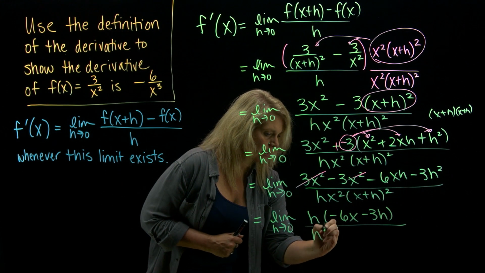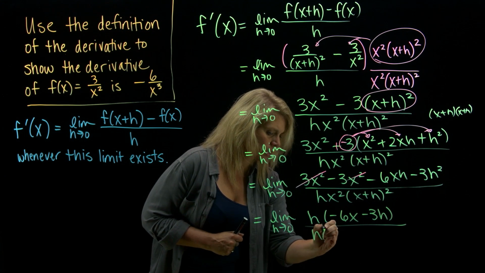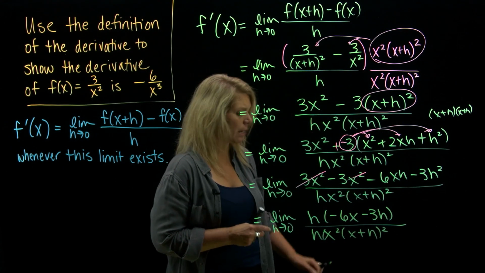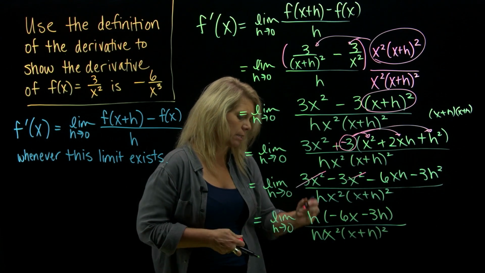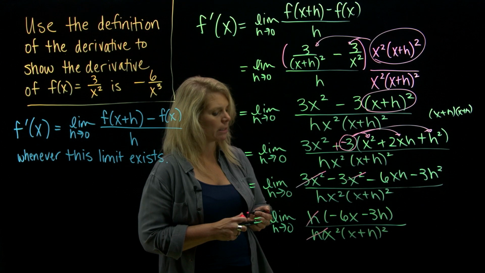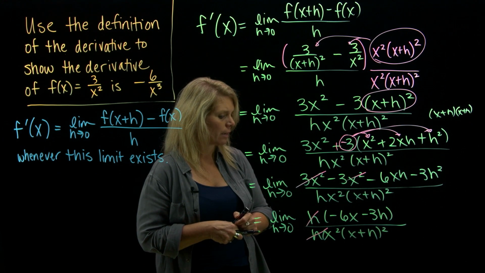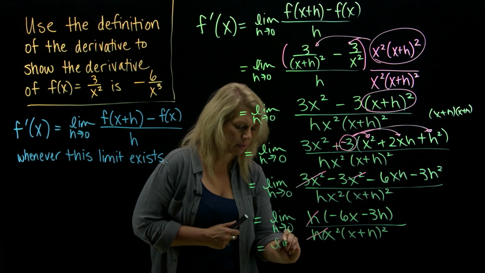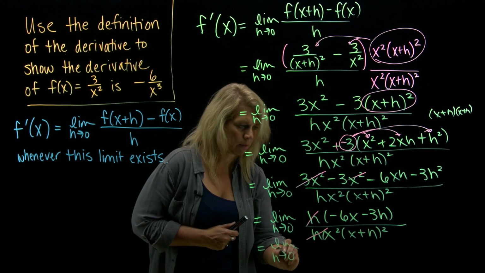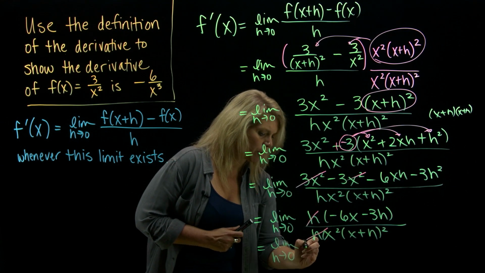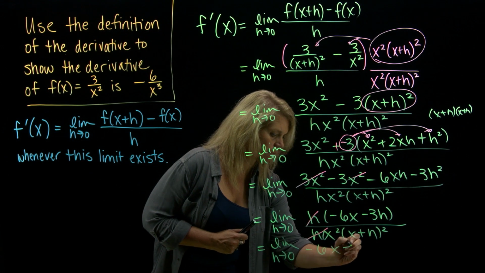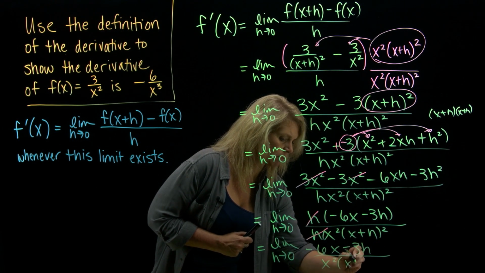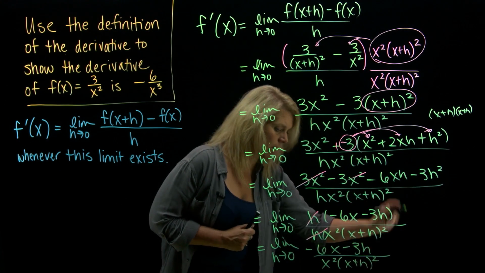Okay, the reason I factored out only the h is because I noticed that I had this factor of h on the denominator that I was going to be able to cancel with that h I factored out on the numerator. Okay, so I think we got about one more step here. All right, on the numerator, minus 6x minus 3h all over x squared times x plus h, the quantity squared.